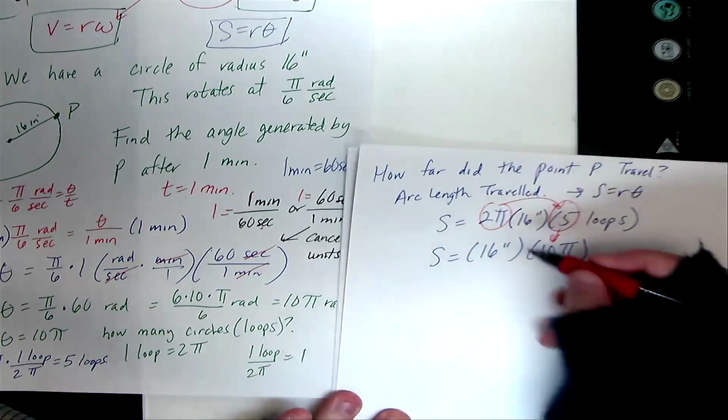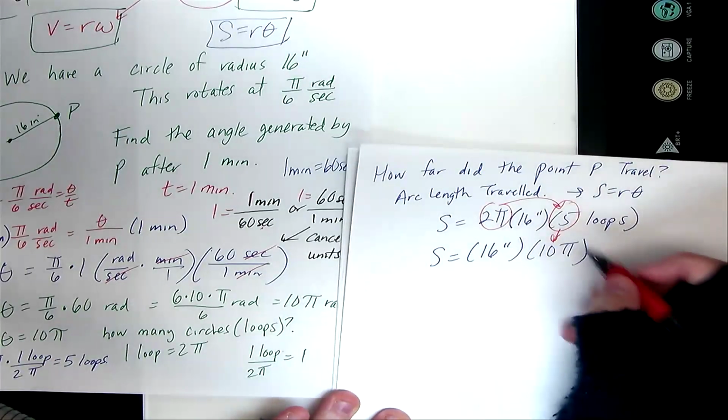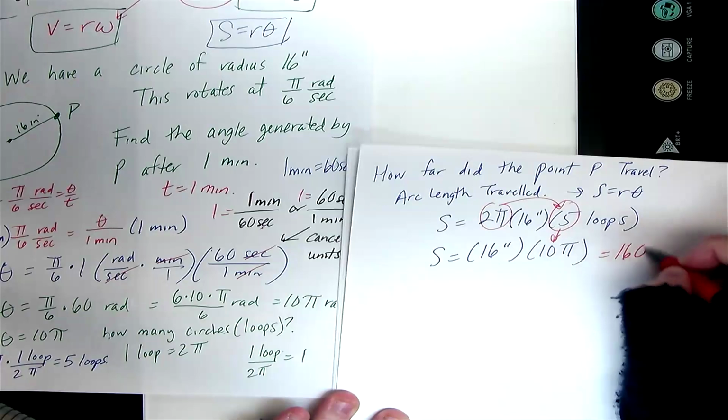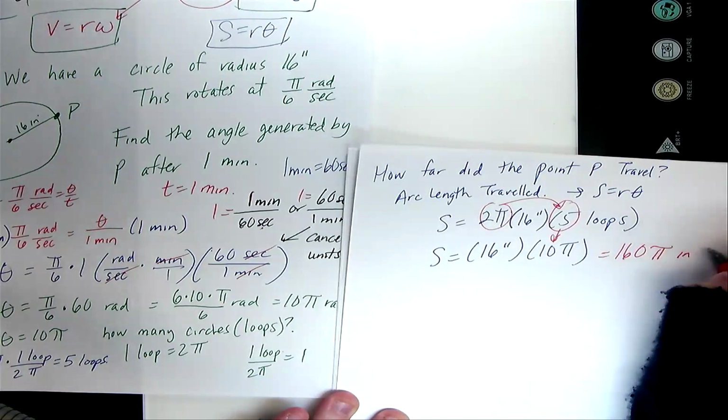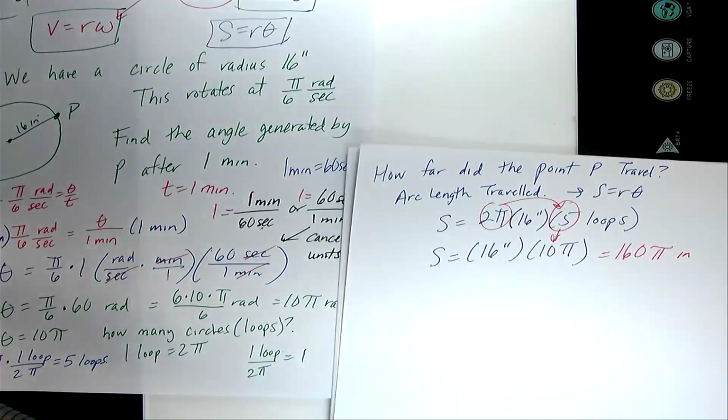So if I multiply this, I have 160 pi inches. And this is one of those where you're like, that's meaningless. I was able to look at 10 pi and figure out how many loops it went around. But if you told me something traveled 160 pi inches, that's not helpful.